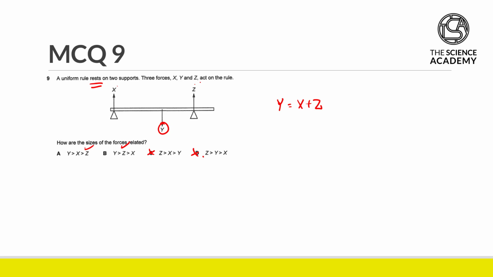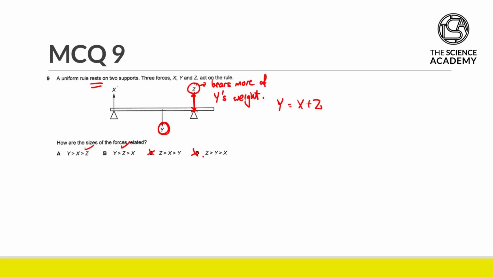So between x and z, the simplest way we can do this is to ask ourselves, y is sitting closer towards z. Because y is sitting closer towards z, this means that z must bear more of y's weight. So we can consider this by taking an extreme.